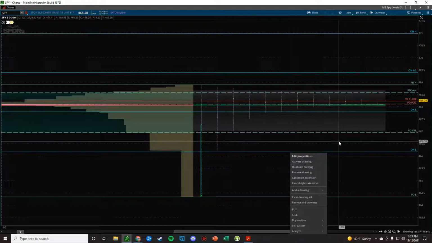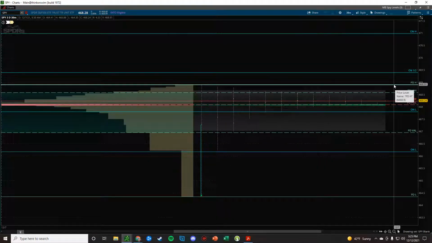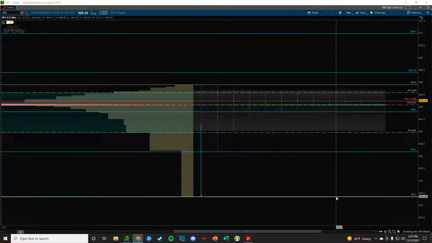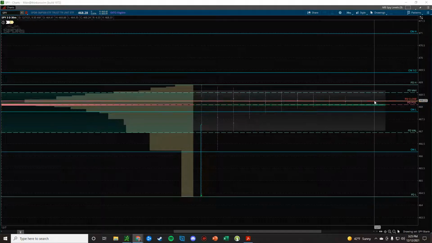So first and foremost, we're going to take our values. So we've got 468.9 as our high. And we've got 464.35 as our low. And for our close, we determined it's 468.25.